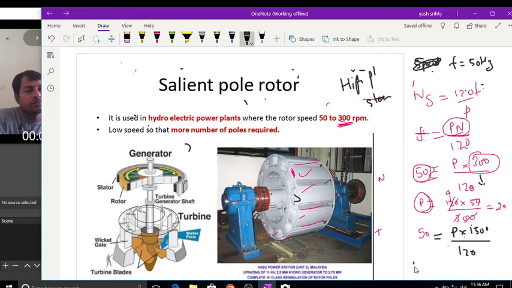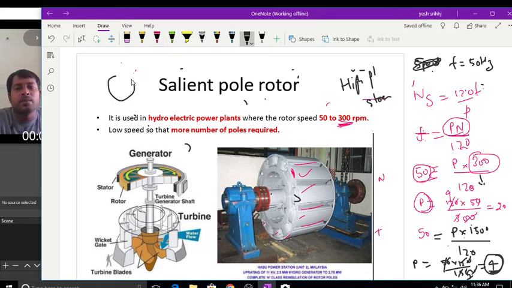So the number of poles P is equal to 50 into 120 by 1500, which is 4 poles, very few. Only 4 poles are available, so to place only 4 poles, the diameter is very small. Only 4 poles, 1, 2, 3, 4. If you use more diameter, then more poles would be available.